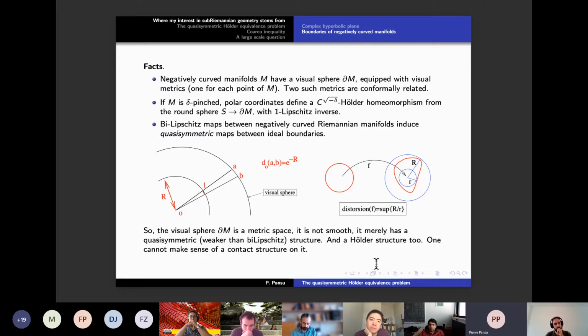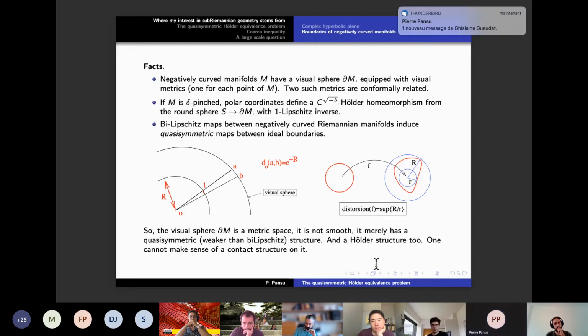Indeed, in general, one should not expect the visual sphere of a negatively curved manifold to be smooth. It has this quasi-symmetric structure, quasi-symmetric atlas. It also has a Hölder atlas, as I showed. And that's all we can tell. So that's not smooth enough to make sense of a contact structure.